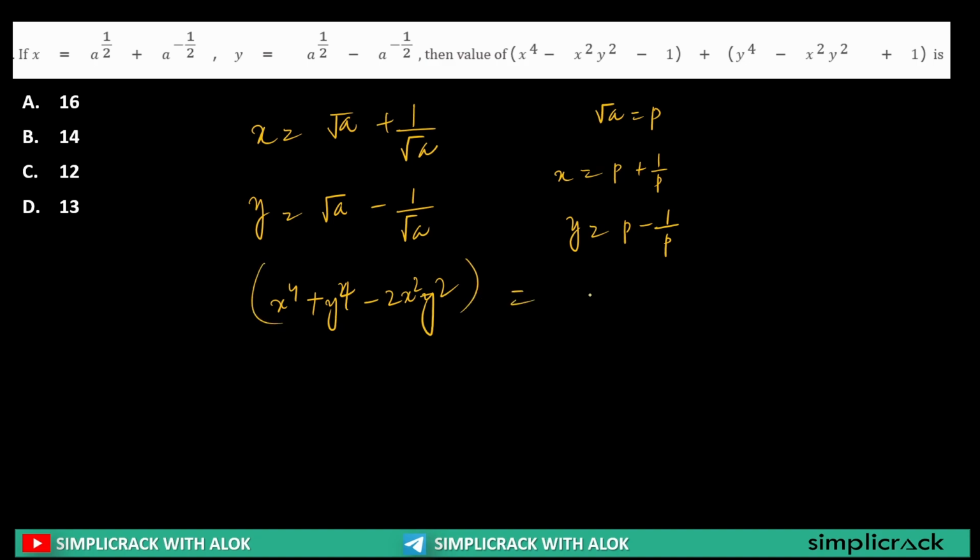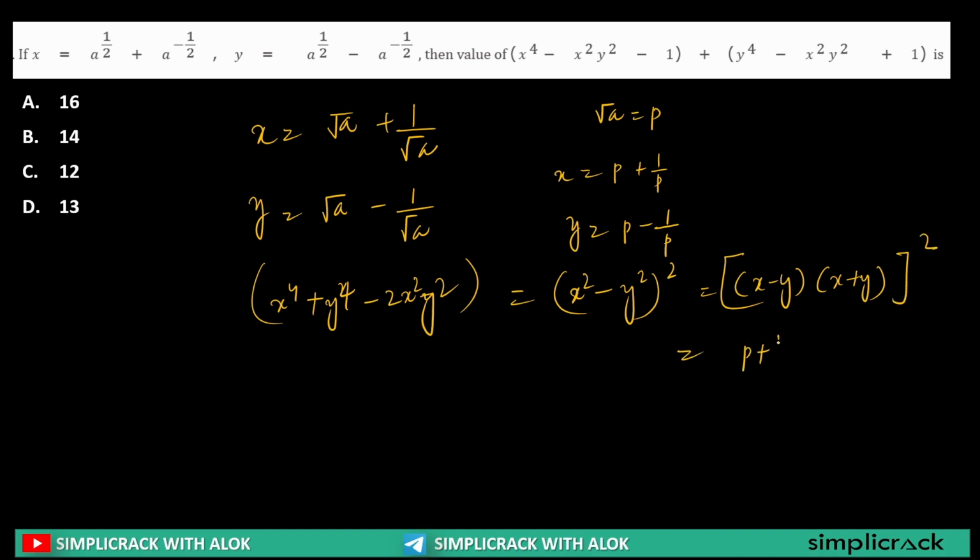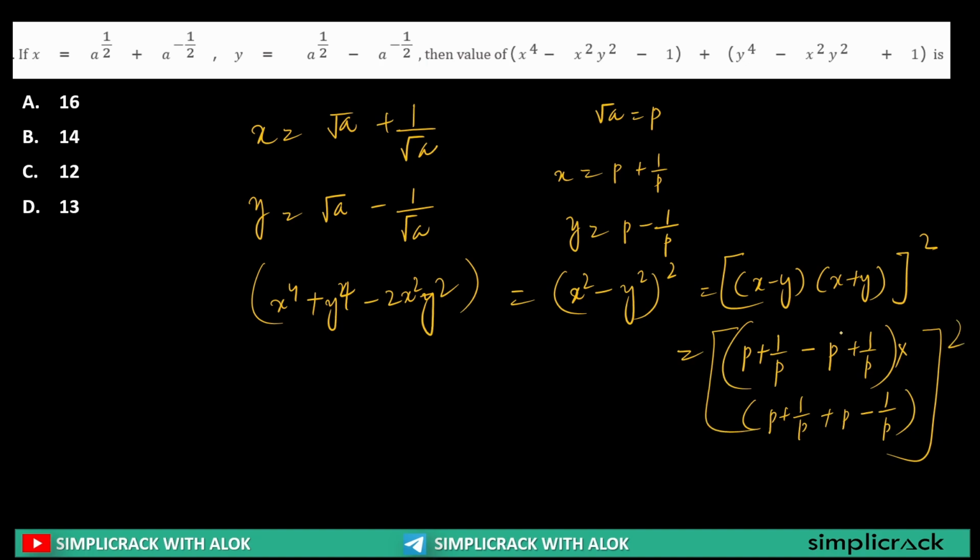This whole thing can be written as (x^2 minus y^2) cubed, and that can be written as ((x minus y)(x plus y)) squared, right? x is equal to p plus 1 by p, y is equal to p minus 1 by p. x minus y is 2 by p, and x plus y is p plus 1 by p plus p minus 1 by p, which is 2p.